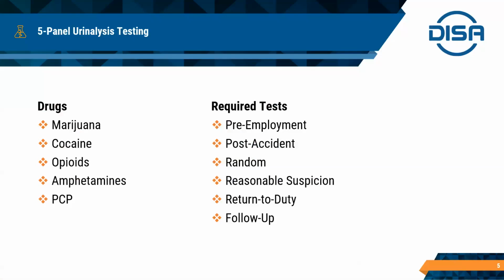The DOT drug testing program consisted of a 5-panel urinalysis drug test. In different cases, breath alcohol testing was allowed and conducted. The drugs that were being tested for in this 5-panel were marijuana, cocaine, opioids, amphetamines, and PCP. And you can see that there were a variety of required tests that would occur.